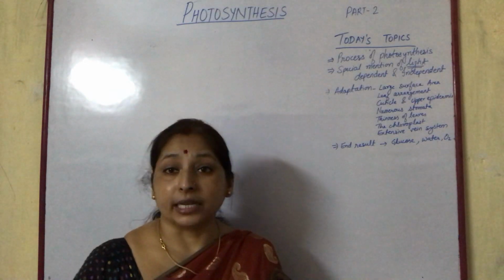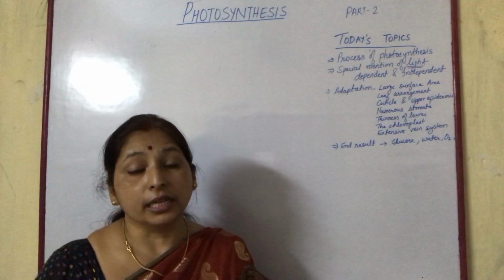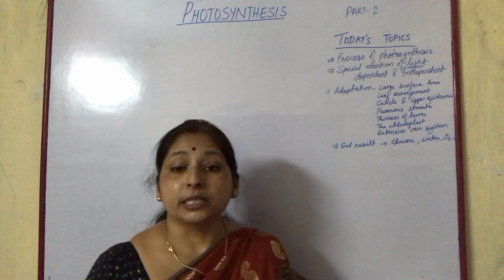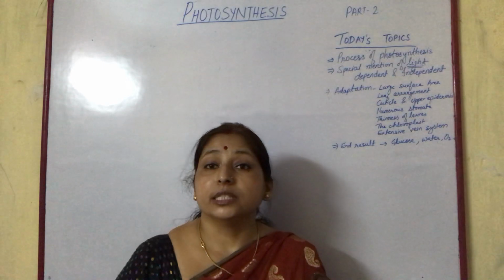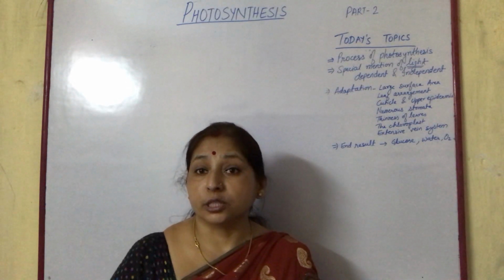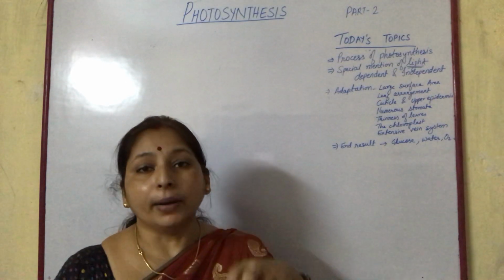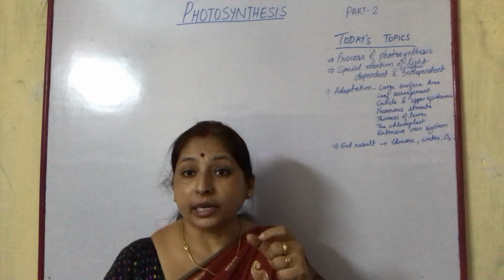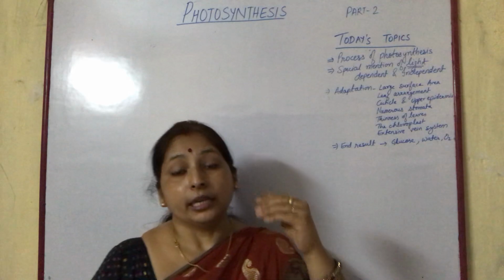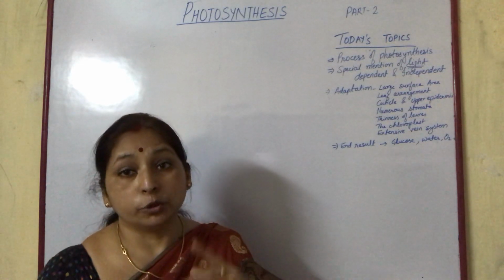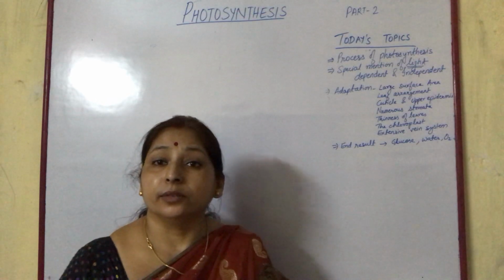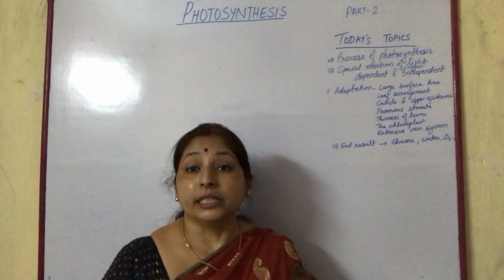As you all have studied in the last class, photosynthesis takes place in the chloroplast. The chloroplast contains two zones: the inner material, which is the stroma, and stacks of thylakoids. Thylakoids are single coin-like structures, stacked one above the other to form the grana, and the grana are connected with the help of threads in the stroma.